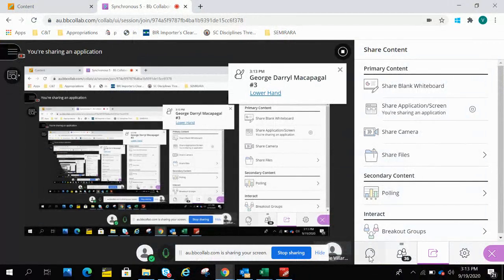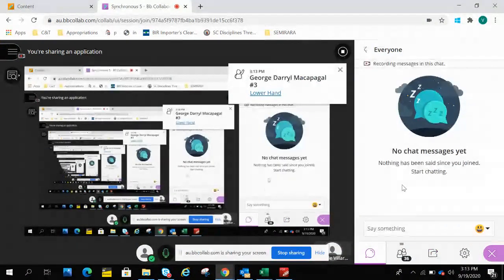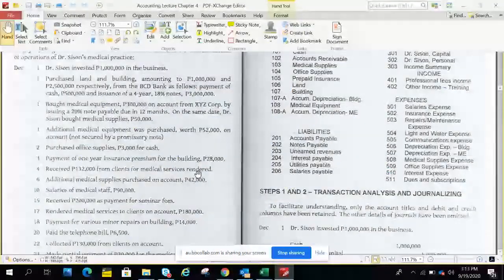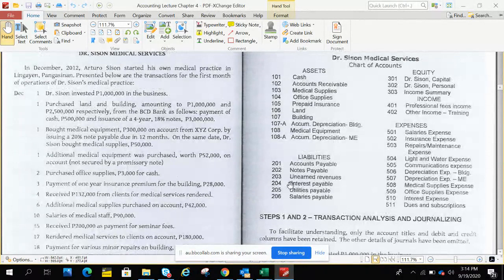Hi, George, Daryl. Question? Ma'am, yung sa notes payable po, di ba dalawa na po yung notes payable natin, tapos magkaiba po ata sila ng interest. Paano po pag sa adjusting na, paano po malalaman kung naka-summarize na yung pareho? Pareho po ba yung 18% at 20%, mapagsasama po ba sila sa notes payable kapag total?